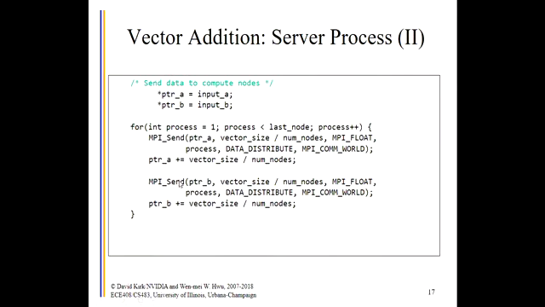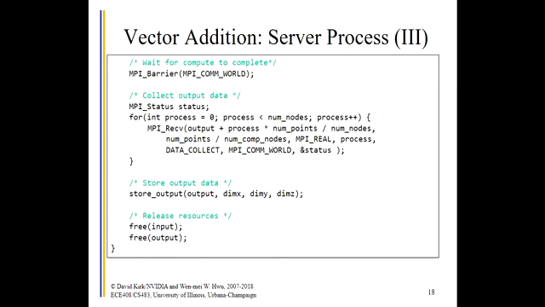So these are the MPI send function calls in the data server. You would expect that by the time we get to the compute node code, there should be an MPI receive in that code, right?